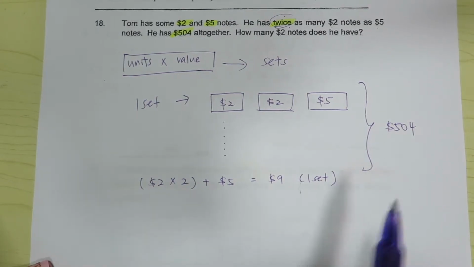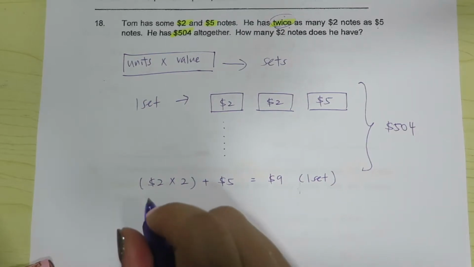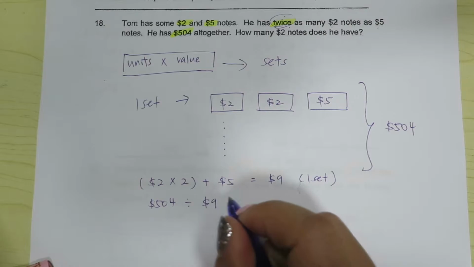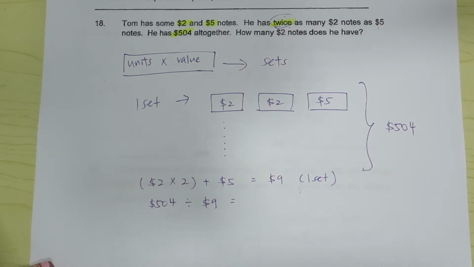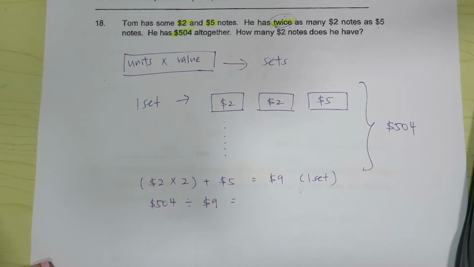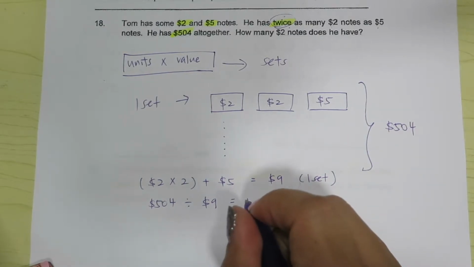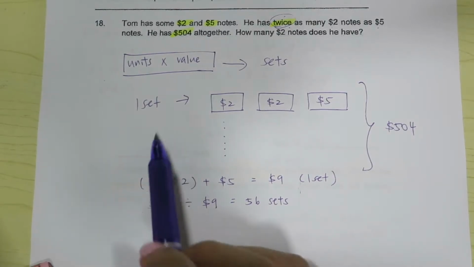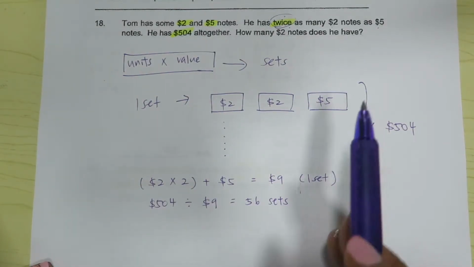So next we need to find out how many sets there are. So we take $504 divided by $9 in a set. So 504 divided by 9 is 56. This tells us the number of sets, which means this repeats 56 times.